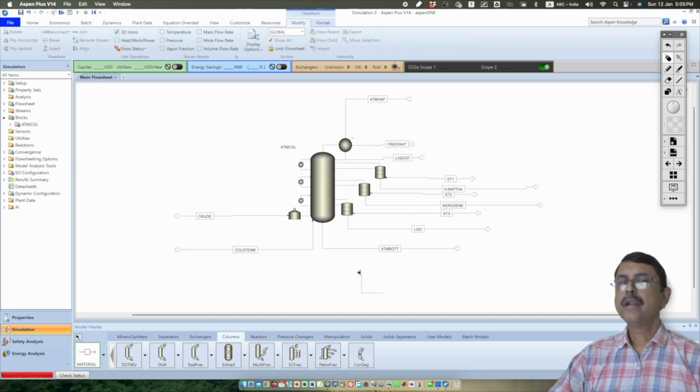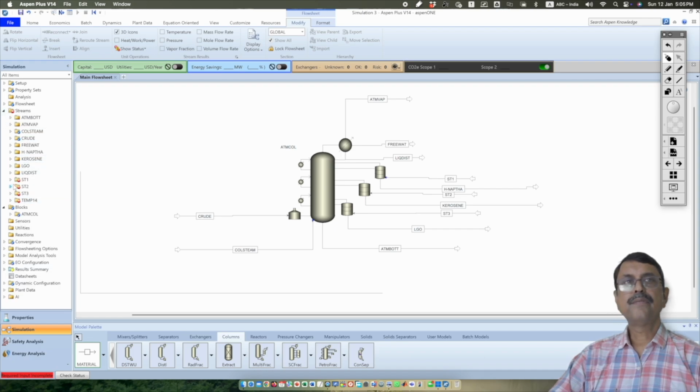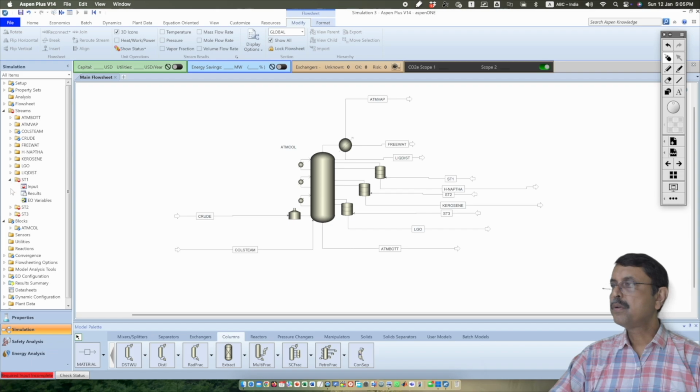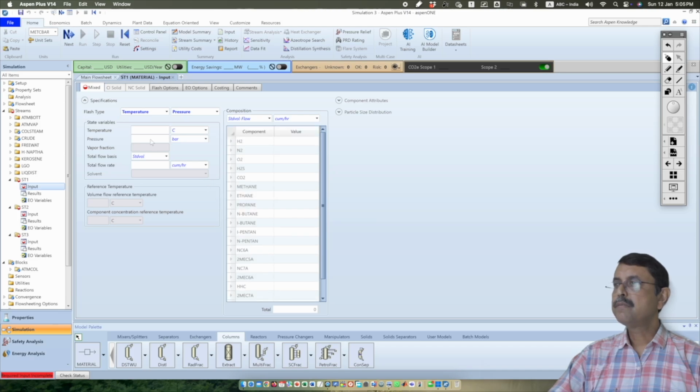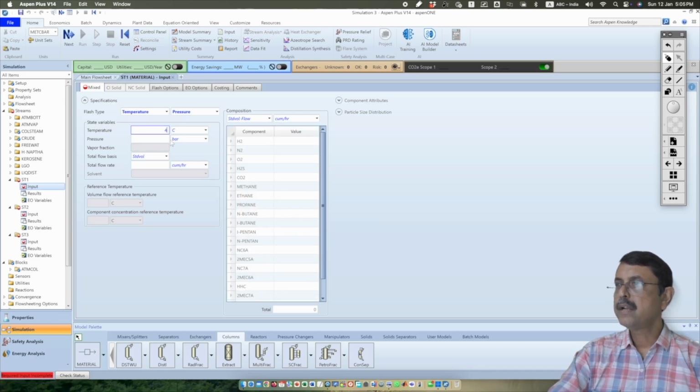Okay. Now let us run the simulation. Before that, we have to enter this information over here. We have entered ST1, ST2, ST3, right? So what is ST1? ST1 is steam at 400 degrees centigrade and 3 bar pressure.